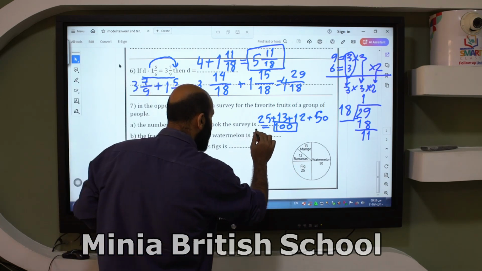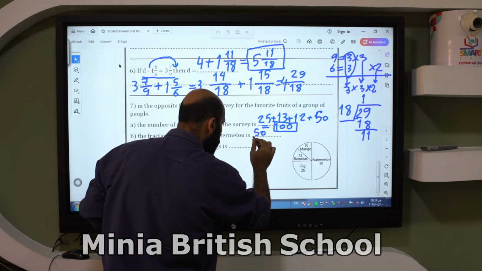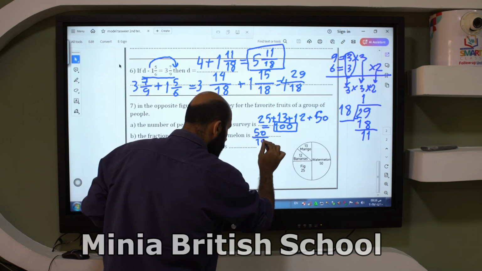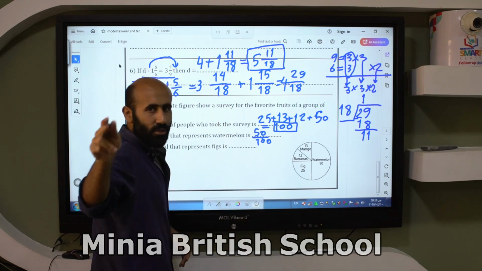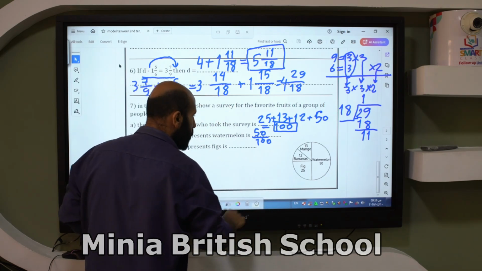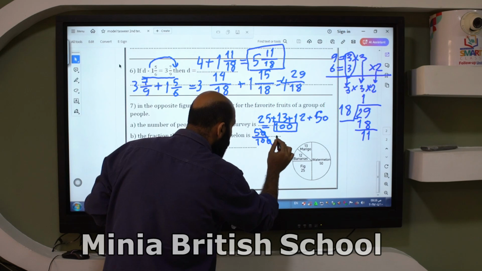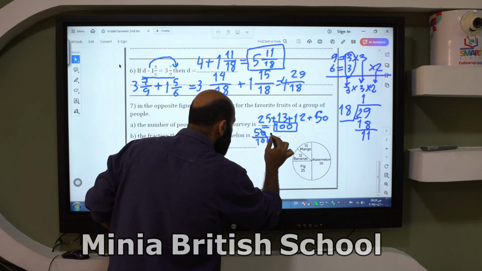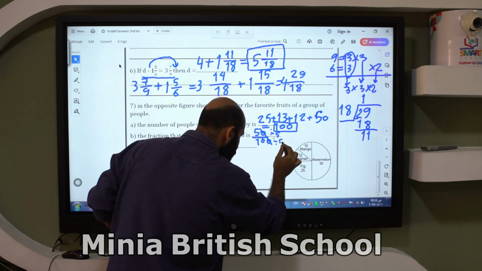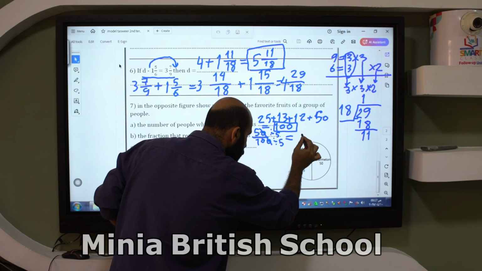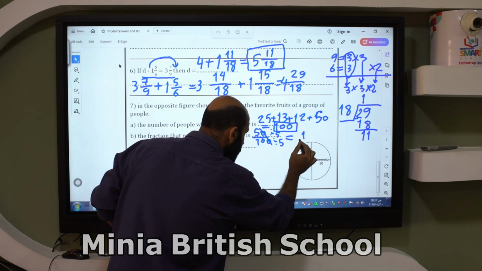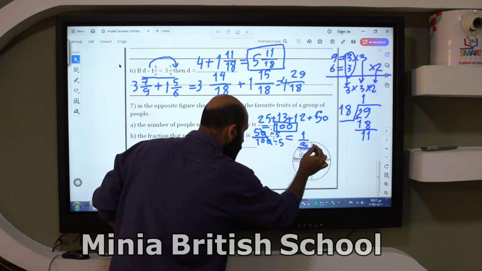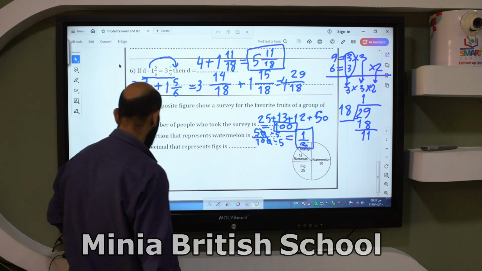So I have 50 over 100. And please put it in the simplest form. Cancel 0 with 0, 5 over 10. When I want to simplify it, divide by 5 and also divide by 5. 5 divided by 5 equals 1. 10 divided by 5 equals 2.